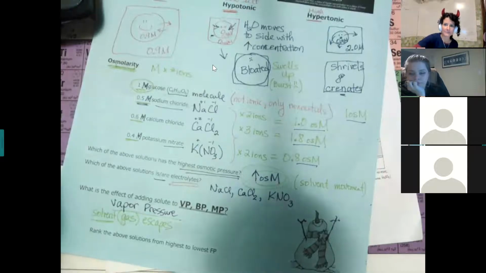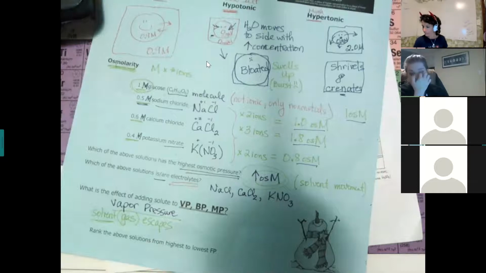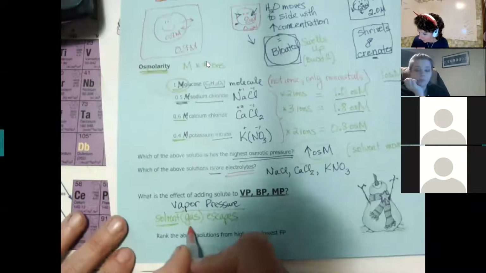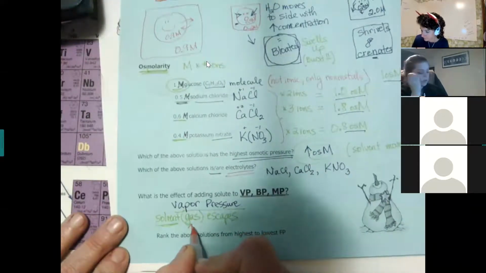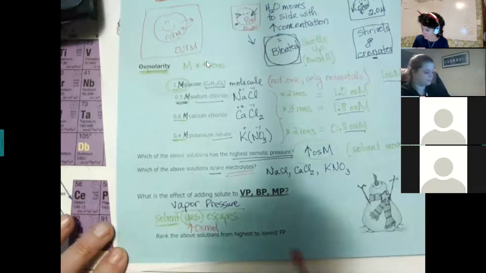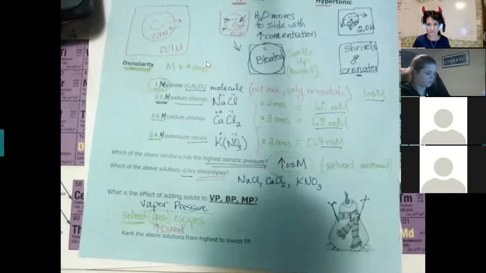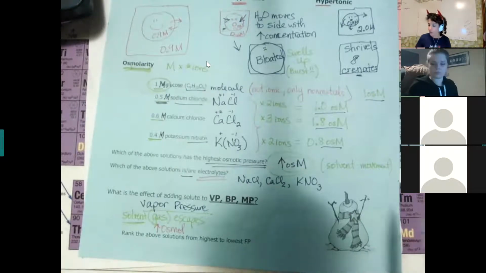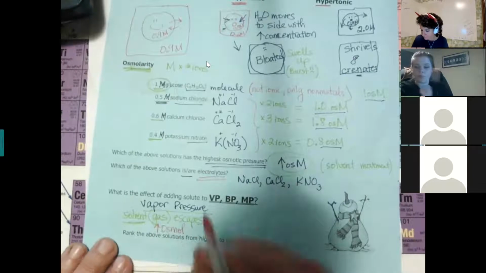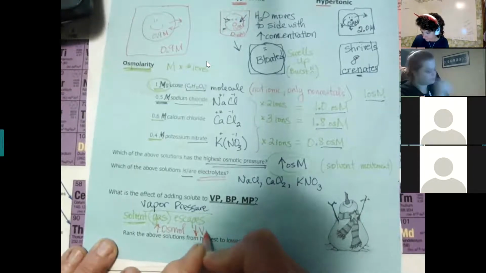Oh, Kaylee made it. Well, the more osmoles, oh, go ahead. The solvent's going to be escaping the most. So the more osmoles you have, the lower the vapor pressure.